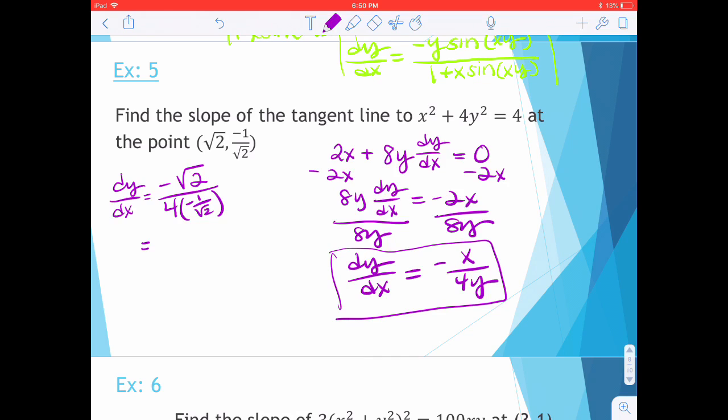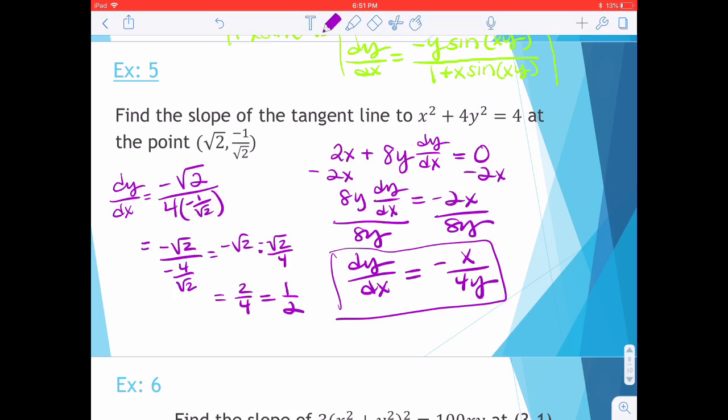So that's negative square root 2 over negative 4 over square root 2, which is 2 over 4, which is 1/2.